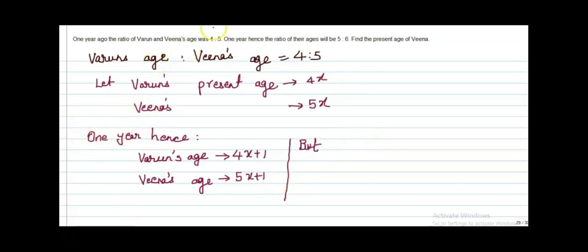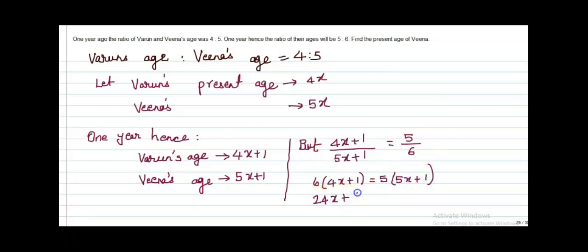But it is given that 1 year hence, their ages would be in the ratio of 5:6. Therefore, 4x plus 1 by 5x plus 1 is equal to 5:6, or 6 into 4x plus 1 is equal to 5 into 5x plus 1, which is nothing but 24x plus 6 is equal to 25x plus 5, or 6 minus 5 is equal to 25x minus 24x, which implies x is equal to 1.